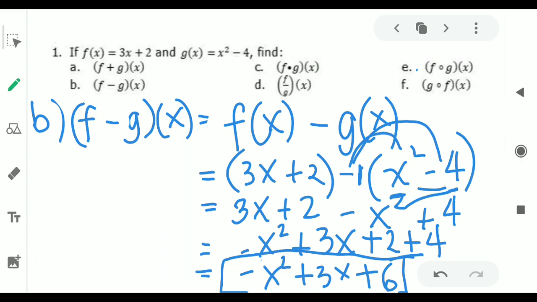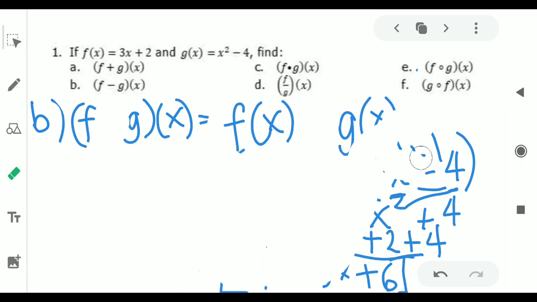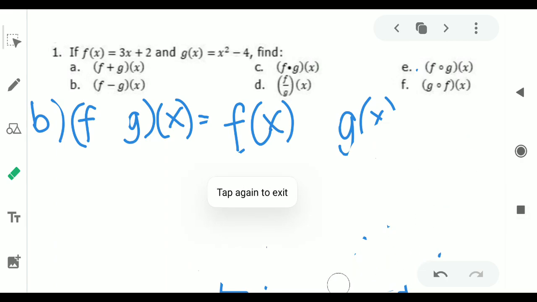Okay. Next, we do multiplication. So, multiplication, we have f times g of x, or f dot g of x.